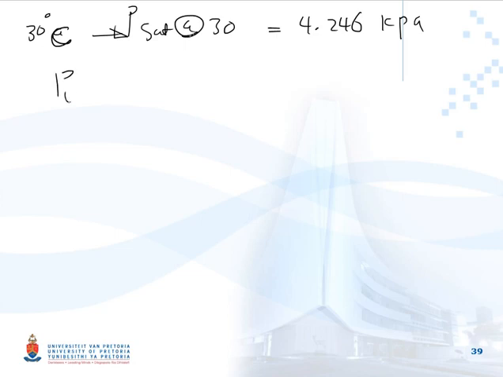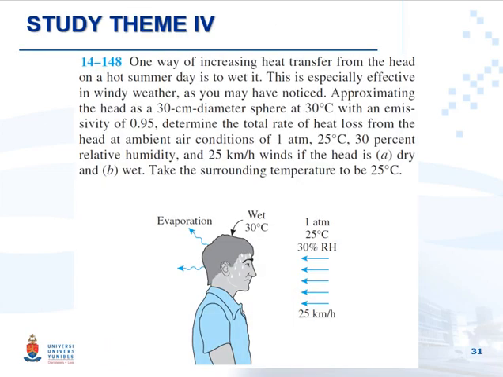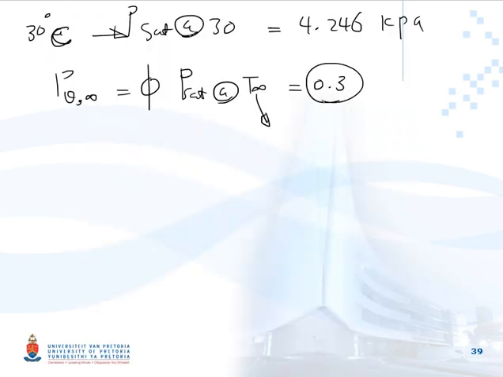But P_v infinity is not exactly the same, it is phi times P sat at T infinity, which is 0.3 times... T infinity was 25, so this is surrounding.